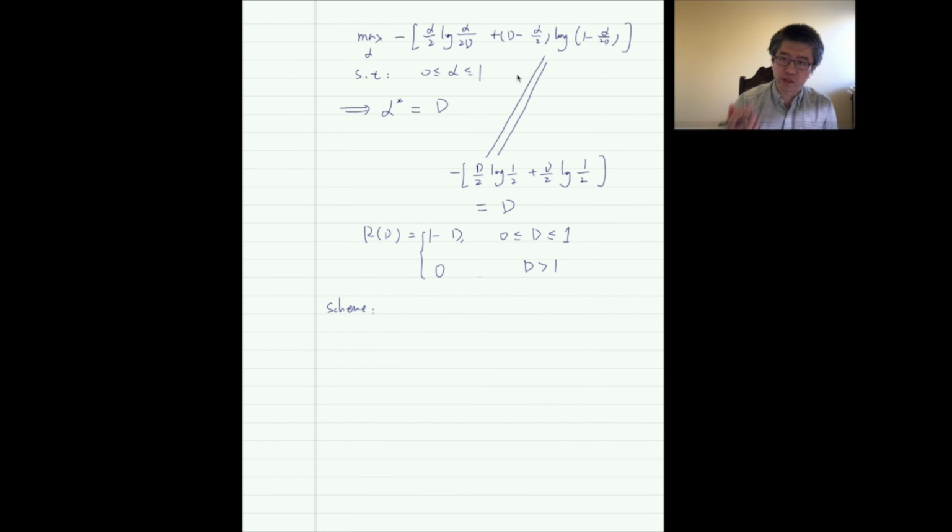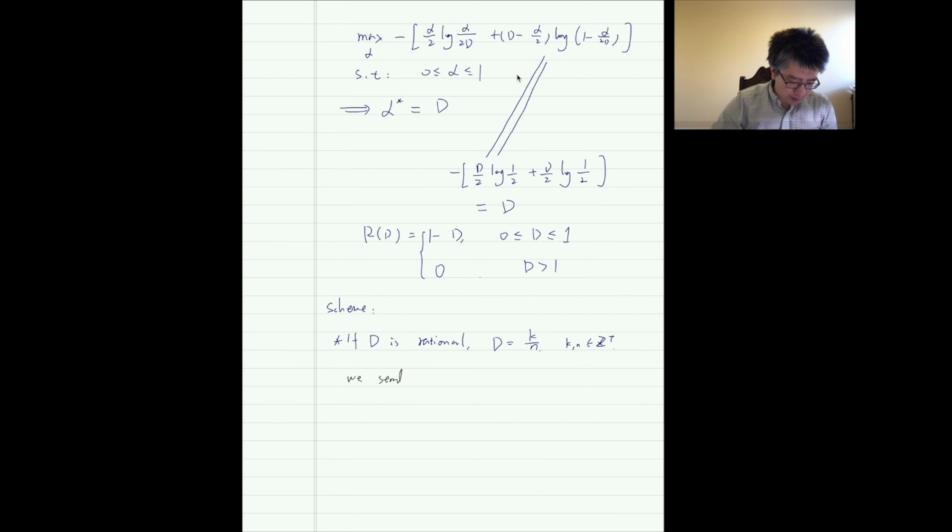We have two situations to consider. The first case is if d is rational. So this basically means that we assume d equals k over n, where both k and n are some positive integers, right? It can be very big, but we can represent d in this way. If that is the case, what we can do is as follows.